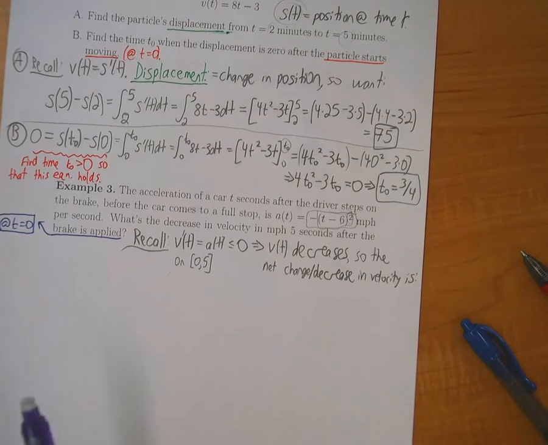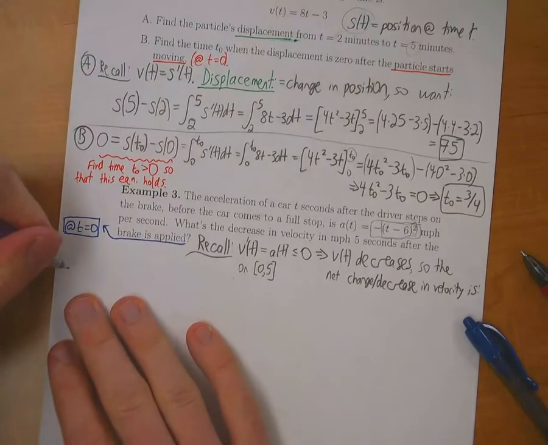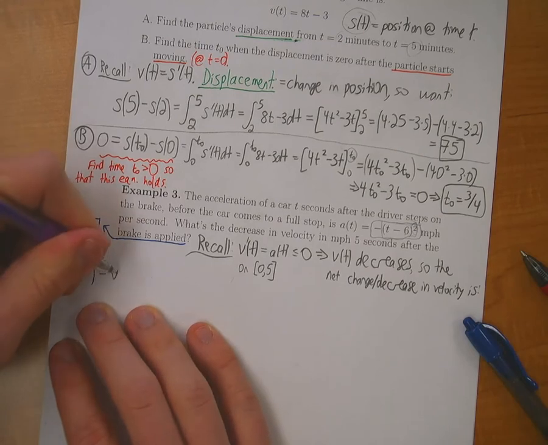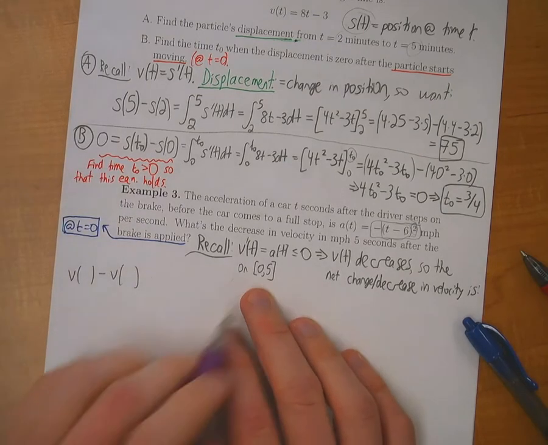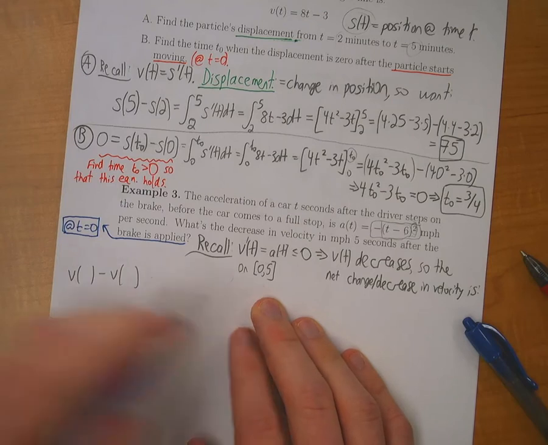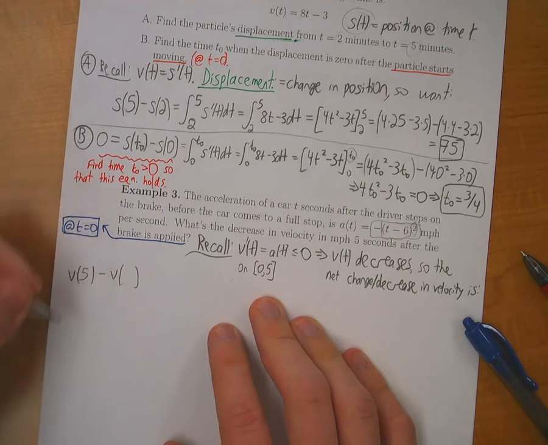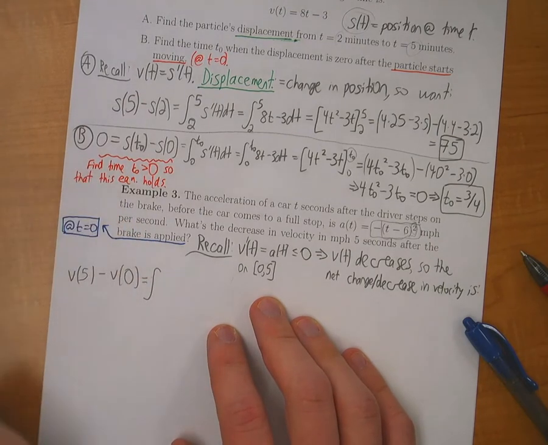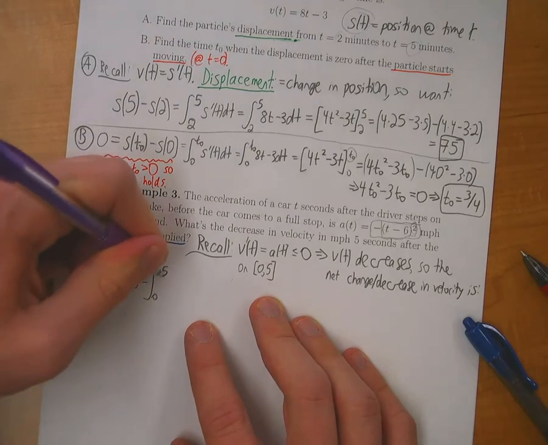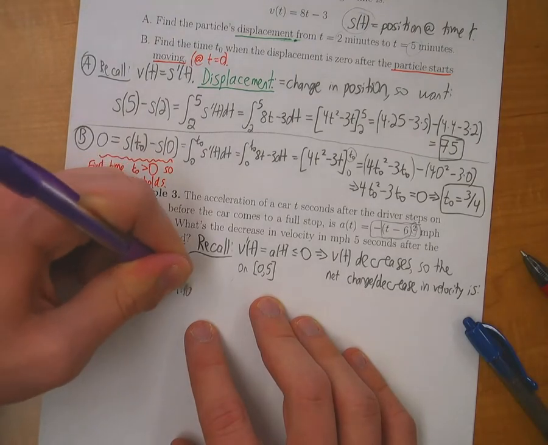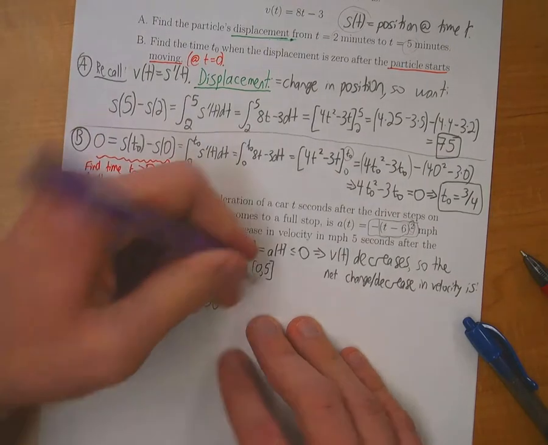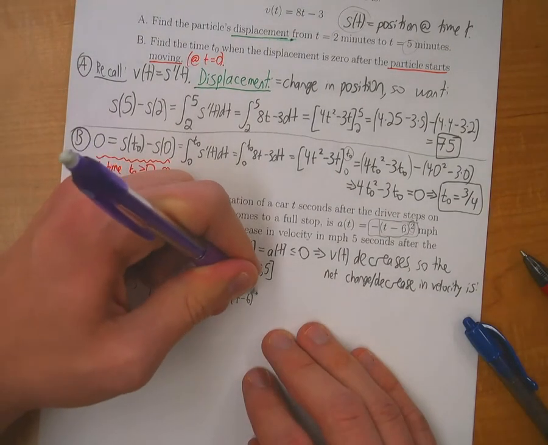We have v of 5, so based on our interval, we have to figure out the velocity at 5 minus the velocity at 0. By the fundamental theorem, this is equal to the integral from 0 to 5 of v prime of t dt. So that's equal to the integral from 0 to 5 of negative t minus 6 quantity squared dt.